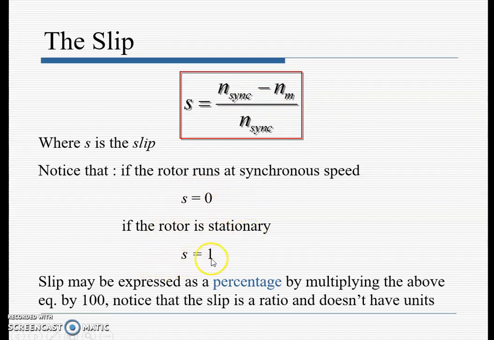And if the rotor is stationary, S is equal to 1. Slip may be expressed as a percentage by multiplying the above equation by 100. In our preceding numericals, we always calculate the slip as a percentage by multiplying this equation by 100. Notice that slip is a ratio and doesn't have units.